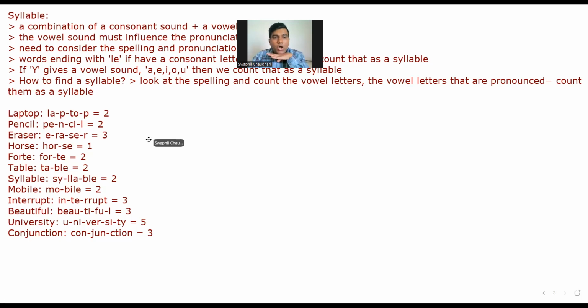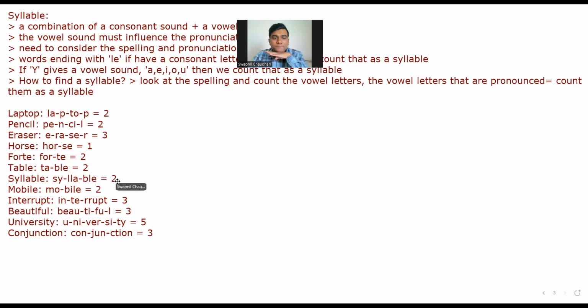Three. Horse, horse. One. Next one, table, table, right? Ta, ble. Two. Next one, table, table, right? Two.